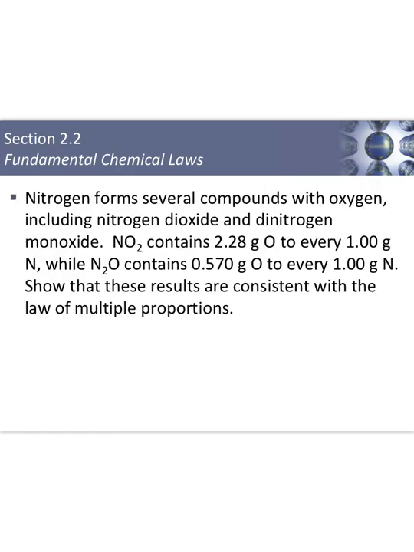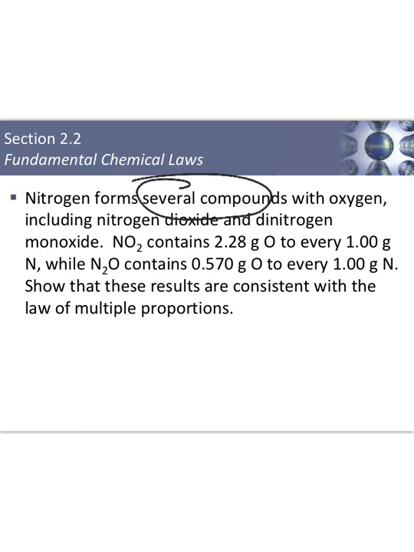And finally, we're going to look at a problem, nitrogen-oxygen compounds. So several compounds. So we're looking at our law of multiple proportions. NO2, 2.28 grams of oxygen for every 1 gram of nitrogen. N2O, 0.570 grams of oxygen for every 1 gram of nitrogen.